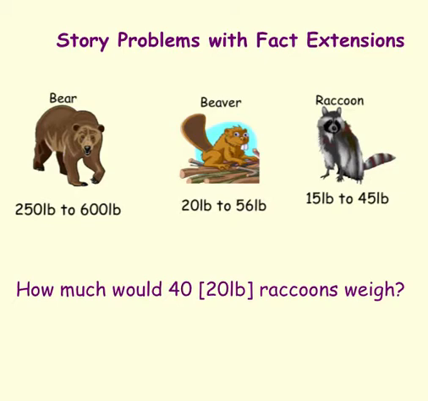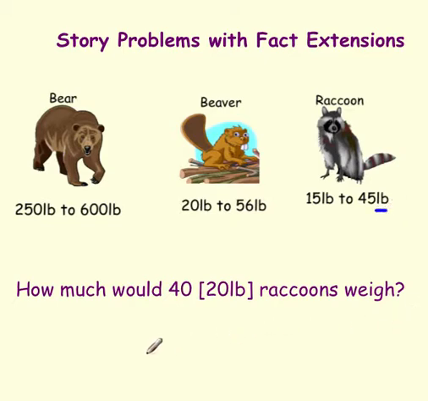Let's try some story problems with fact extensions. I have a bear that can weigh between 250 pounds and 600 pounds. A beaver can weigh between 20 pounds and 56 pounds. And raccoon can weigh between 15 pounds and 45 pounds. Remember, this LB stands for the word pounds.